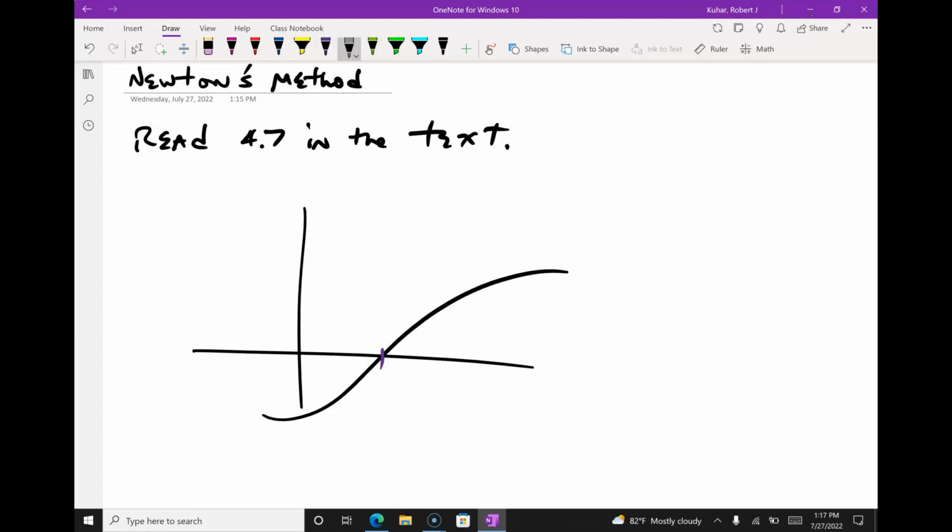What we do is we guess, and we go up to the curve, and we draw our tangent line. And that tangent line will give us the next guess.